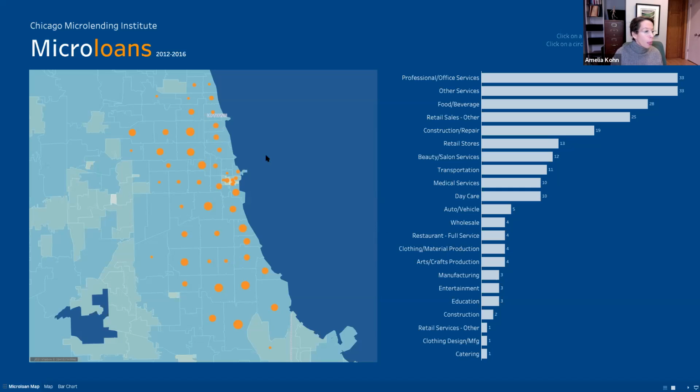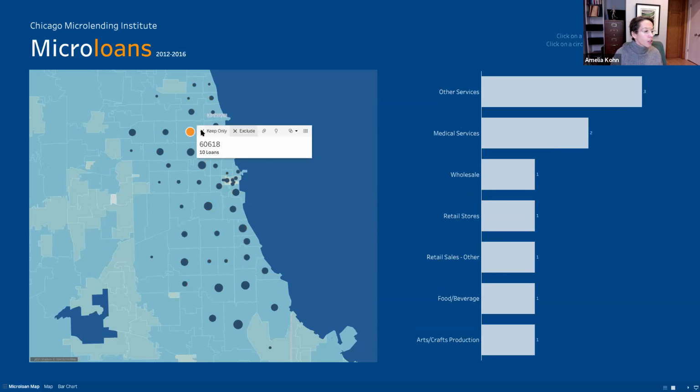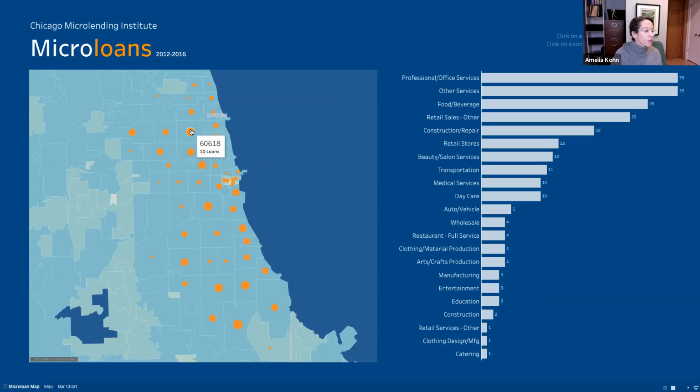So one thing that you can do at Tableau is have what they call tooltips. So if you scroll over a circle, it will tell you what the zip code is and how many loans specifically there were in that zip code, okay?